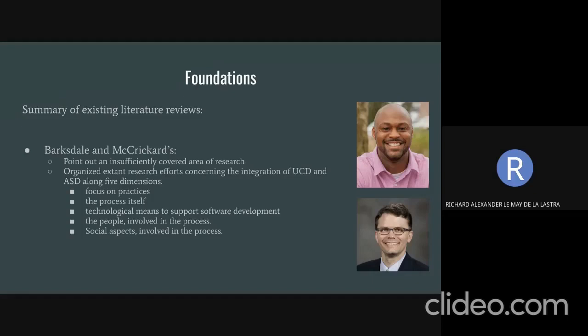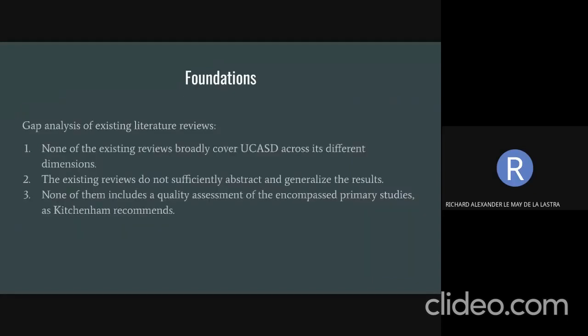Can you go forward? The gap analysis of existing literature's reviews. There are 3 major shortcomings told by the paper we need to read. The first one was that none of the existing reviews broadly cover UCASD across its different dimensions.